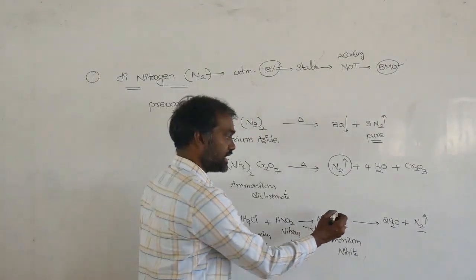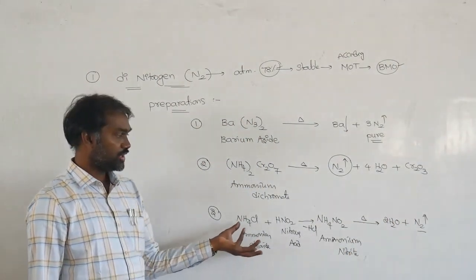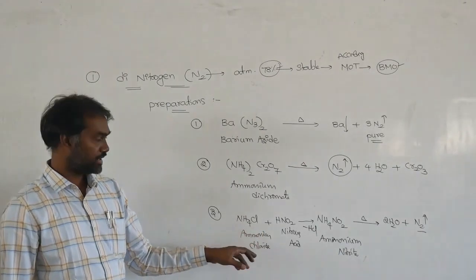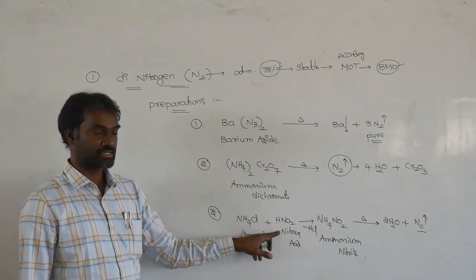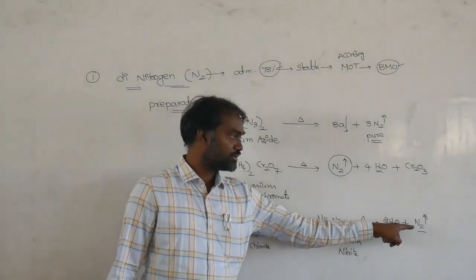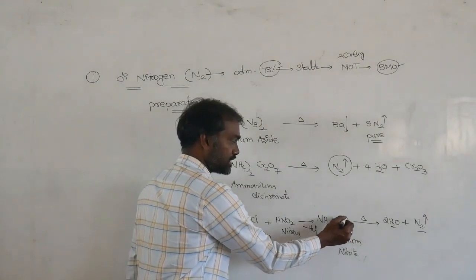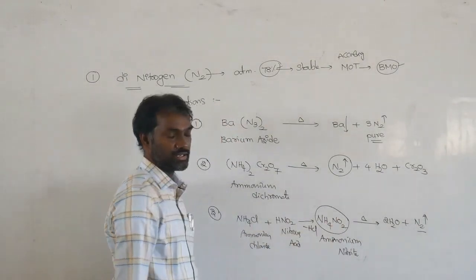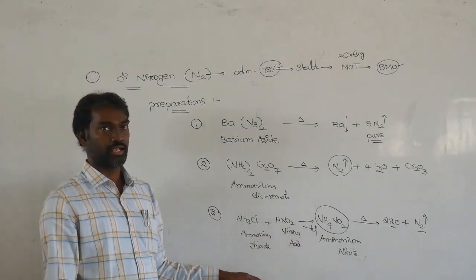Now again it is heated, so you will get nitrogen gas. When ammonium chloride is treated with nitrous acid, it produces nitrogen gas. The intermediate is ammonium nitrite. So these three are the preparations in your theory.